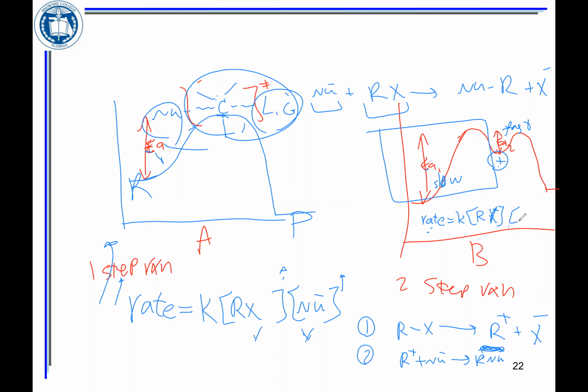You don't have to write its concentration. So for a two-step reaction, the rate determining step is the slow step, and the rate law only depends on one of the reactants. For a one-step reaction, both of them are involved.